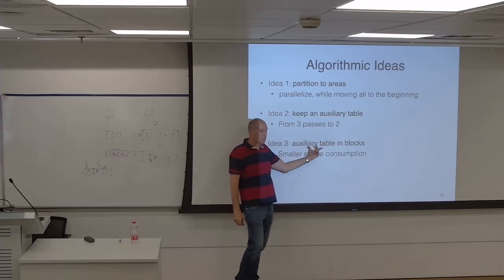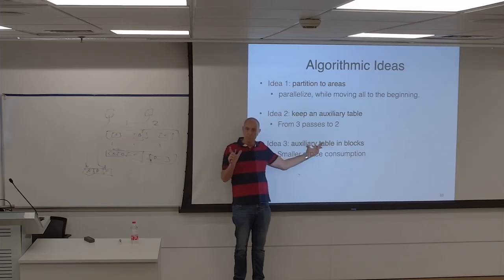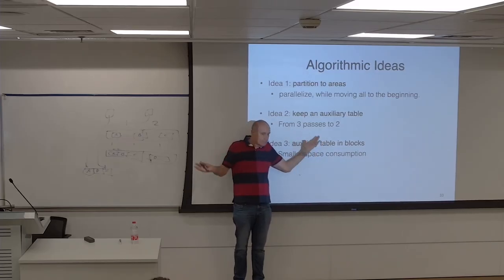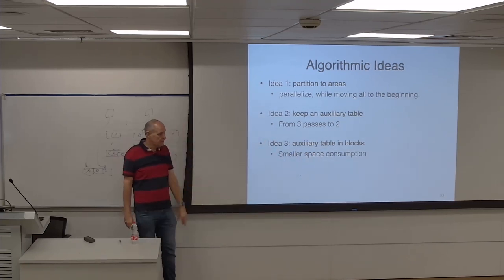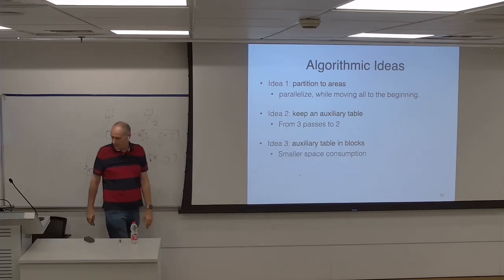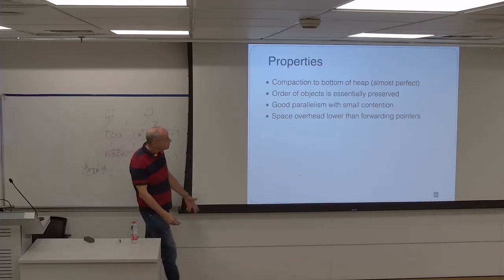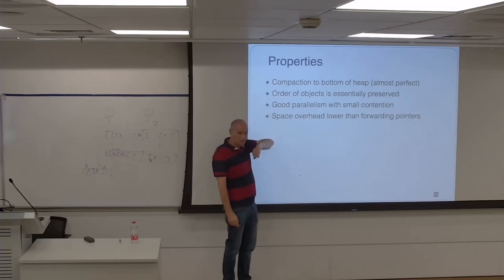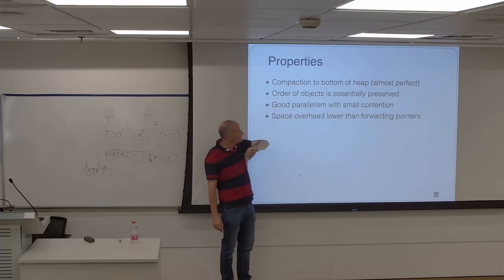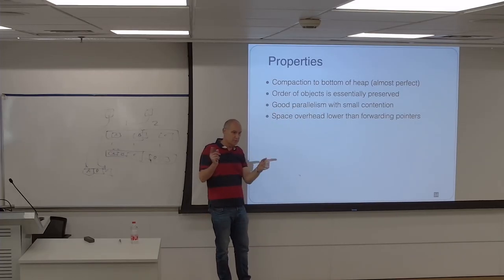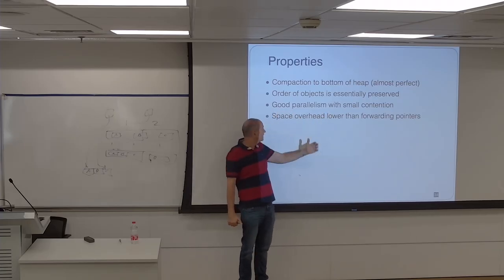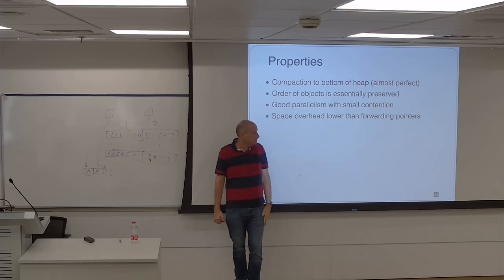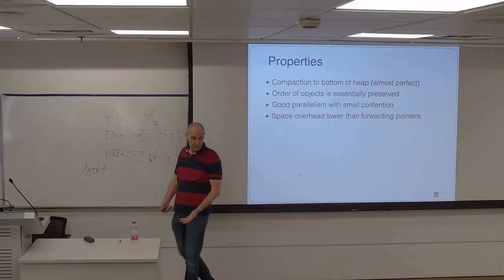And for the auxiliary table, we don't use hash functions. We use these blocks in order to make it short, and then we are better in space. So these are the 3 algorithmic ideas that Diab had. And properties: you compact almost to the bottom of the heap. The order of the objects is essentially preserved, except between areas. Good parallelism, small contention, and the space overhead is even lower than forwarding pointers.